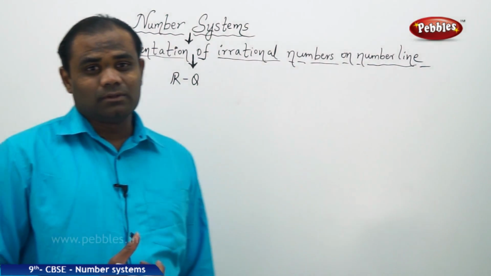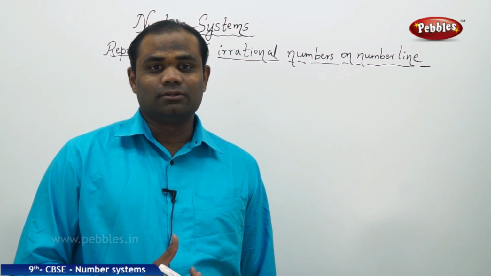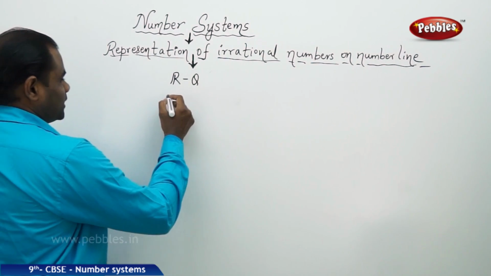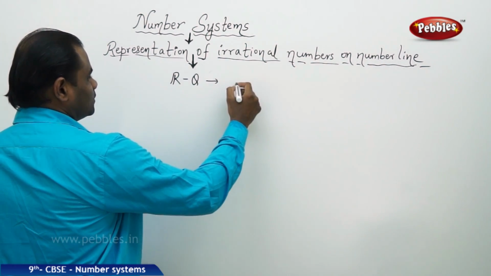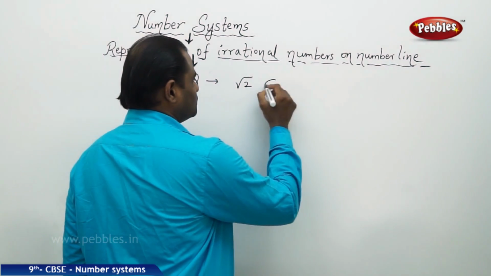So let's see how these irrational numbers can be exactly located on the number line through exact distances. For example, I take the irrational number root 2, which is clearly an irrational number.